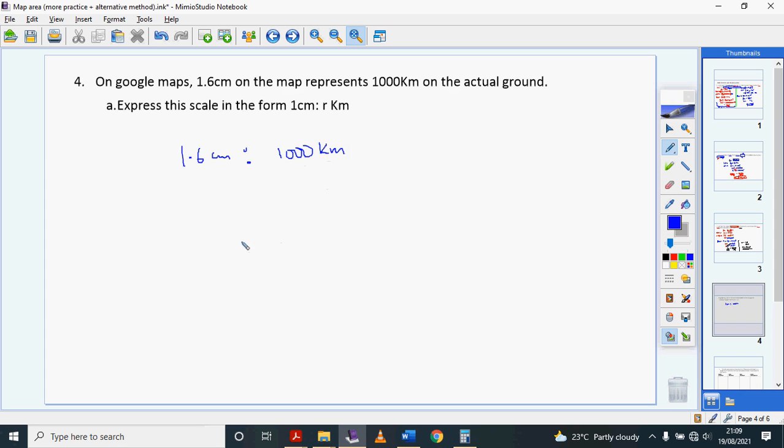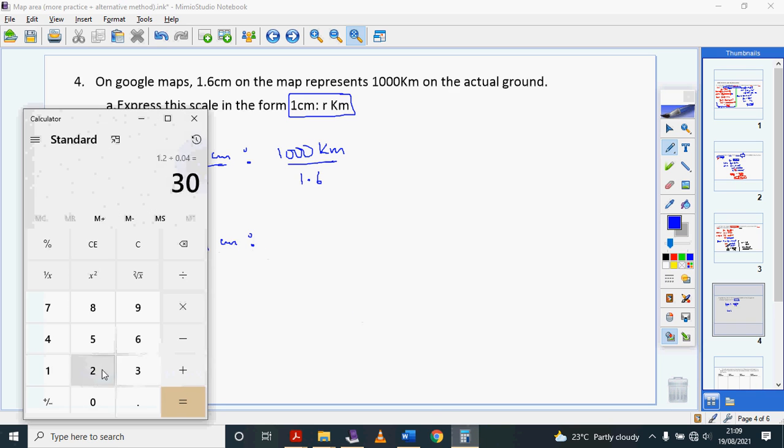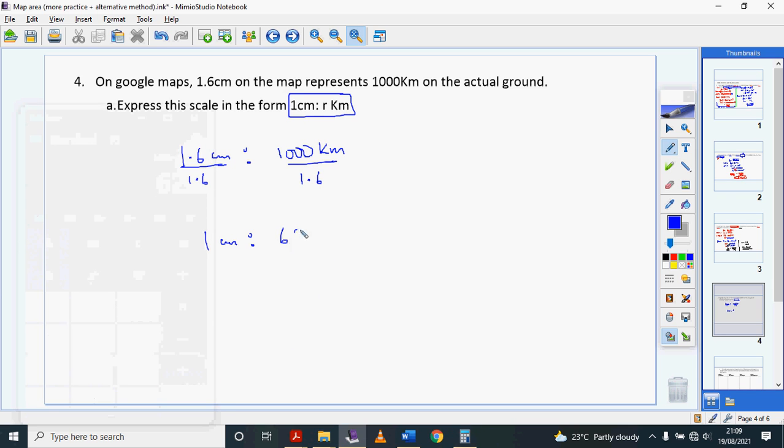Since it's already centimeters to kilometers, and the question wants 1 to something kilometers, I'm just going to divide by 1.6. So it's 1 centimeter to, let's check, 1,000 divided by 1.6 is 625. So that's 625 kilometers.